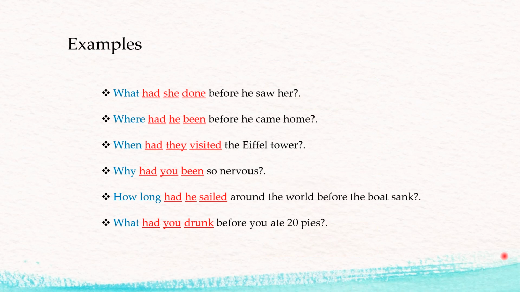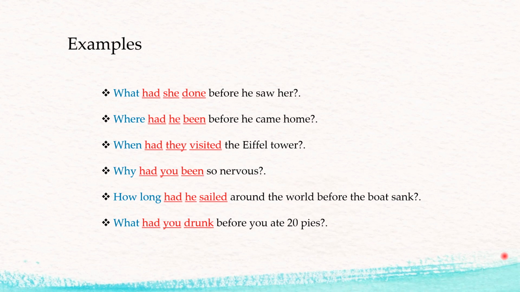Let's check some examples using these question words. Let's go to check the first one. What had she done before he saw her? Here is the structure. First is our question word what, then auxiliary had, then our subject, and then the verb in past participle, and then our complement.